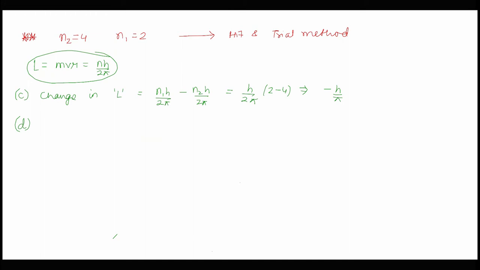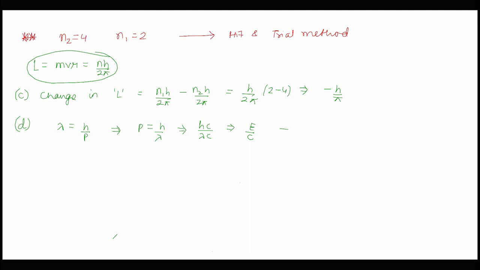We begin by calculating lambda using the equation h by p. So from the de Broglie equation, lambda is h by p, or from here I can say that p is equal to h by lambda, and we can multiply by the speed of light on both sides. So we obtain hc by lambda, which can be written as energy E, so we write p is equal to E by c.